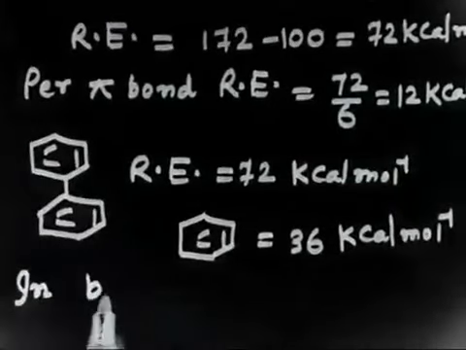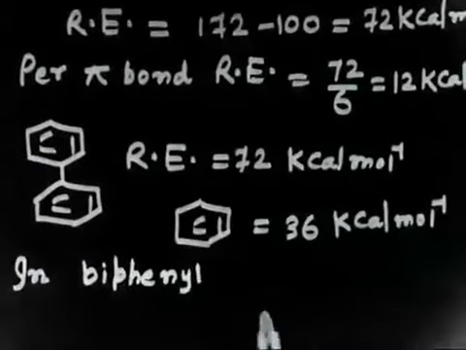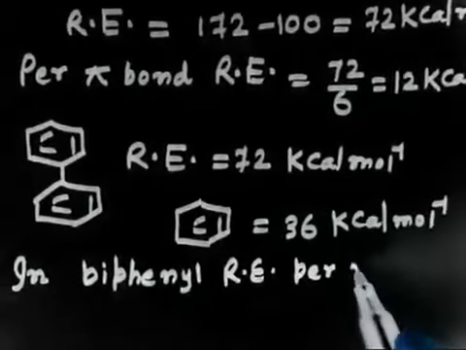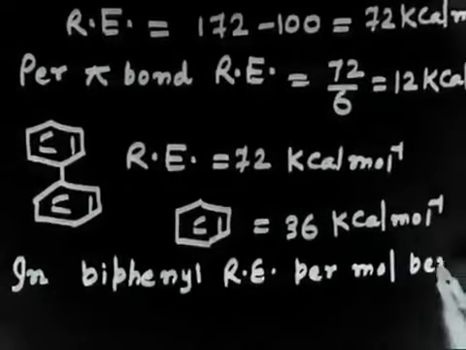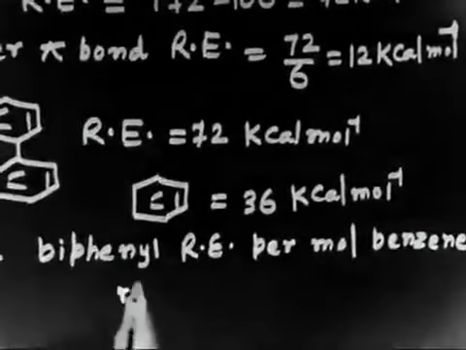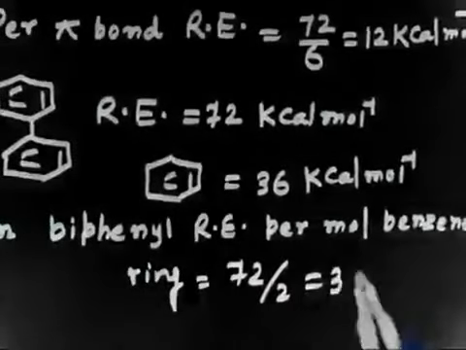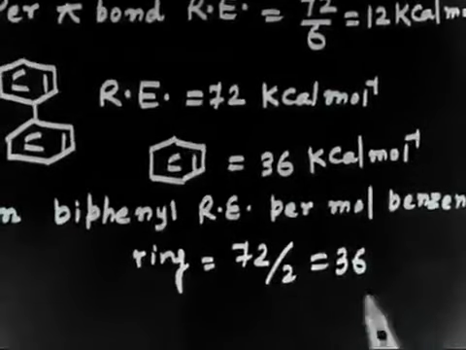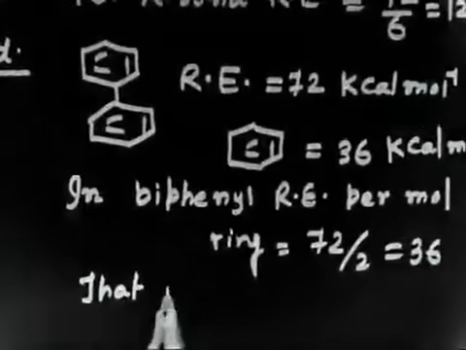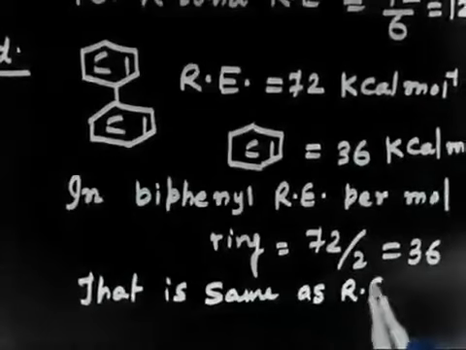In biphenyl, the resonance energy per mole of benzene ring, because there are 2 moles of benzene ring, is 72 by 2, and that is the same as the resonance energy of benzene.